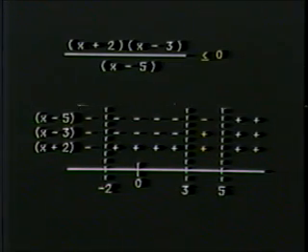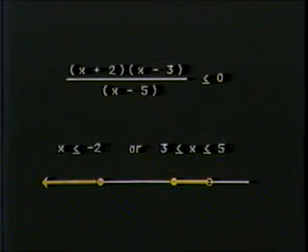What about the endpoints? Watch carefully. We can include -2 and +3 because of the equals sign in the original inequality. But we can't include 5 because it would make the denominator 0.